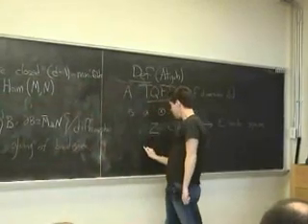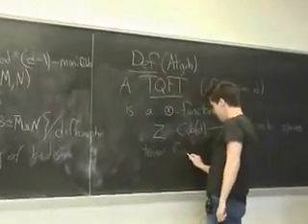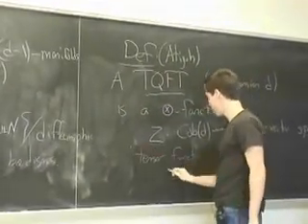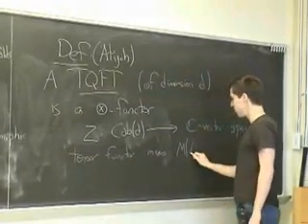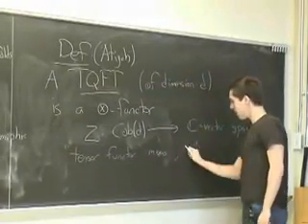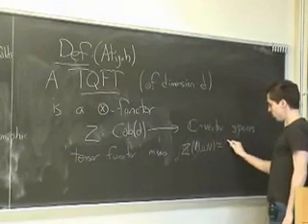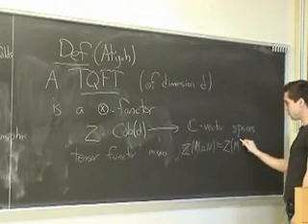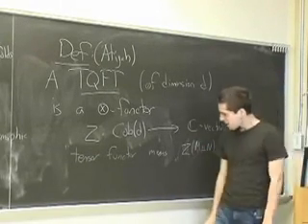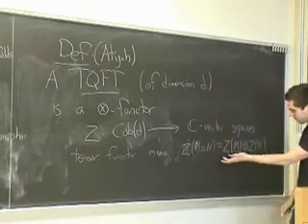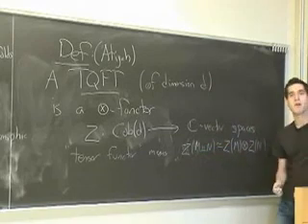More concretely, tensor functor means that if I take a disjoint union of 2 manifolds M and N, and apply Z, the result is supposed to be the tensor product of Z of M and Z of N. And not only should I preserve 2-fold tensor products, I should also preserve 0-fold tensor products.